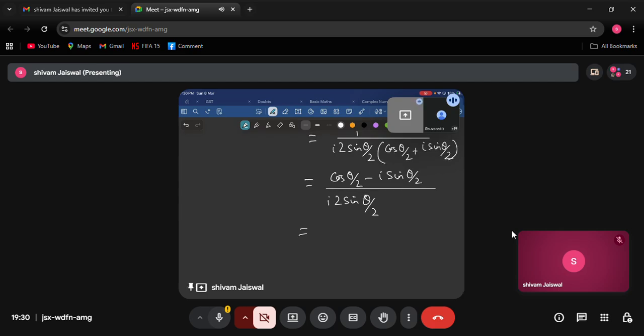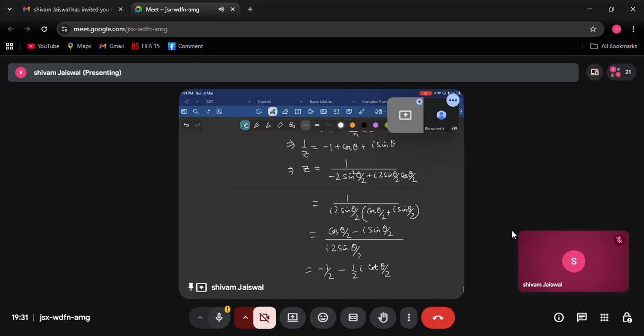This will be equal to minus half, minus half iota cot theta by 2. So this is what z is. z is equal to minus half minus half iota cot theta by 2.